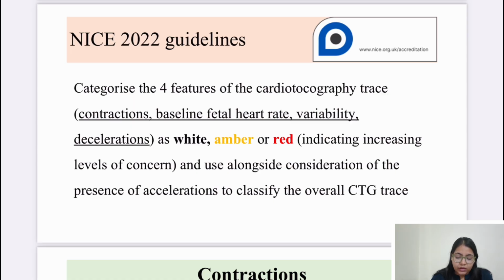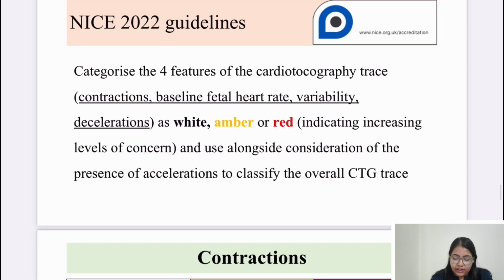As per the NICE guideline, it categorizes CTG, including these 4 features, into white, amber and red. It includes contraction, baseline fetal heart rate, variability and decelerations. I have talked in detail about all these features in the previous video.